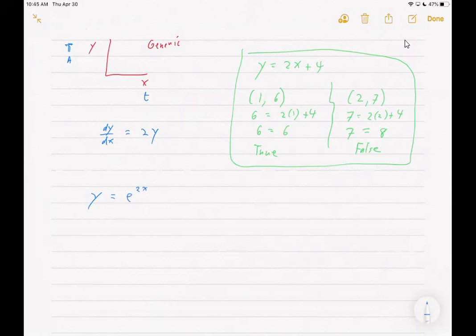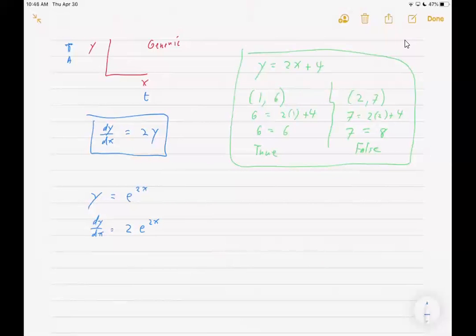Well, if I'm going to see if it's true, I need to be able to substitute this into the equation that we have here. I have something to put in for y, but I need something to put in for dy/dx. So in order to prove that something is a solution to a differential equation, we need to take derivatives. This is an excellent chance to review a quick chain rule. The derivative of that would be 2 e to the 2x.